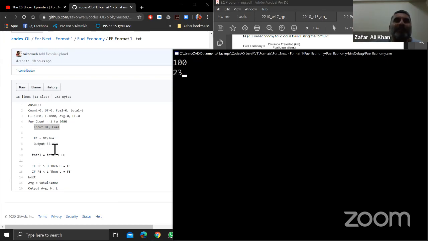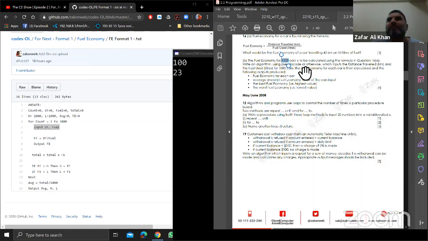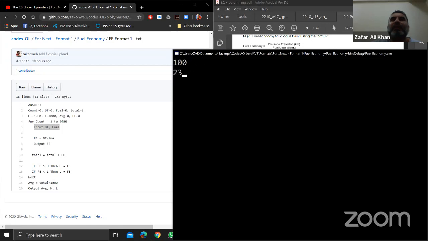Then it outputs the fuel economy, because the question says the fuel economy of each car is calculated and output. As soon as you enter distance traveled and fuel, it shows the fuel economy. You can see the fuel economy shown here is 4. It is an integer, by the way, not a floating point or real number. I have deliberately made it an integer.